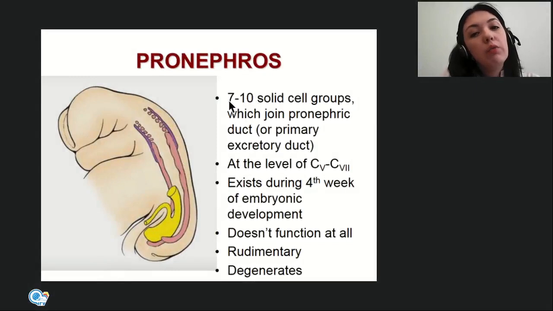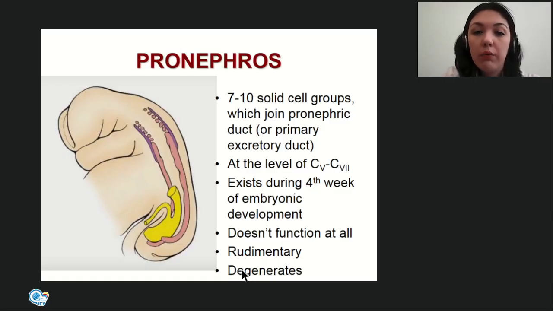Pronephros is formed by 7 to 10 solid cell groups which join the pronephric duct or primary excretory duct. And this pronephros is located at the level of the 5th to 7th cervical vertebrae. Pronephros exists during the 4th week of embryonic development, and it doesn't function, so it doesn't produce urine, and it's rudimentary.